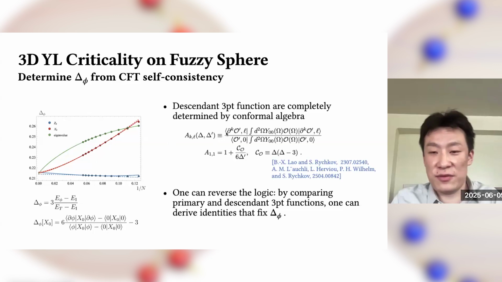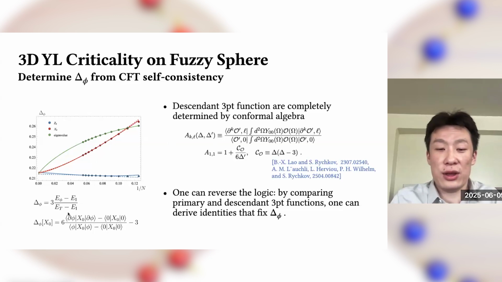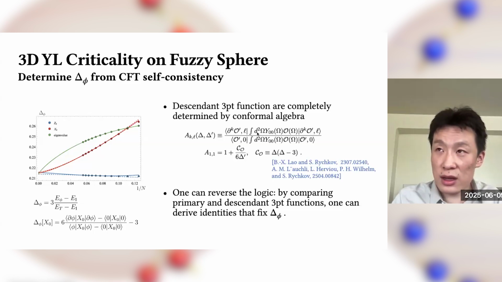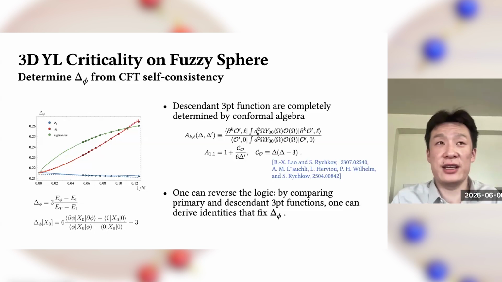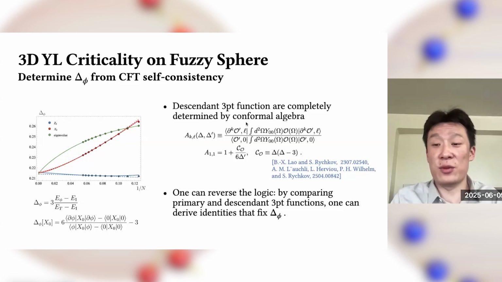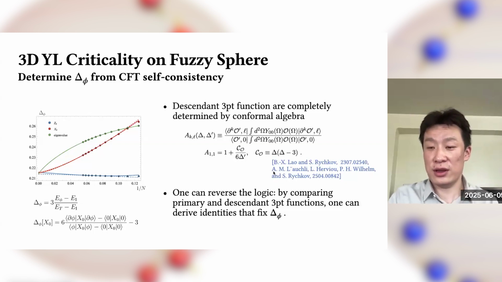For example, if we look at the 3-point function involving the descendants of phi, they're completely fixed using the conformal algebra.